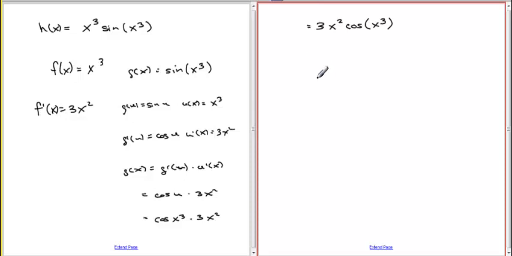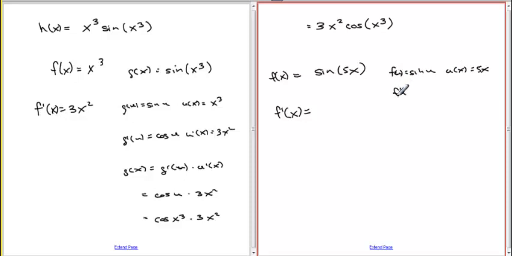Another thing, too, is there are these cases of the sine of 5x. So let's say that's f of x. If you take the derivative of that, you could use the chain rule. What you would do is say f of u is the sine of u, and u of x equals 5x.